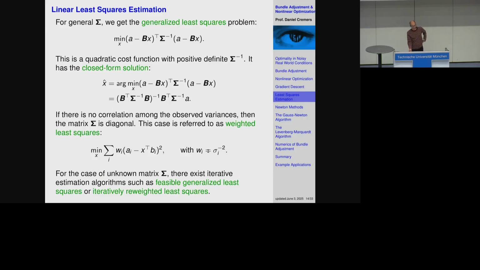Why am I telling you this? Well, I should be honest, I was kind of confused myself a few years back about all the different terminologies that people have. There's least squares, there's weighted least squares, there's generalized least squares, there's nonlinear least squares, there's iteratively reweighted least squares. At some point you get completely confused what is what, and so I wrote it down here on the slides.